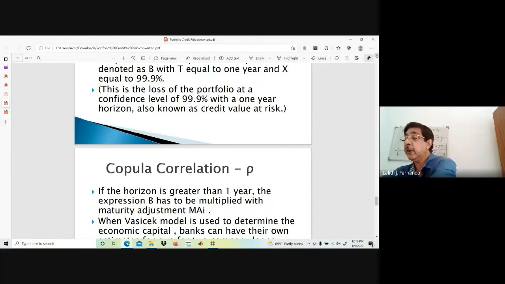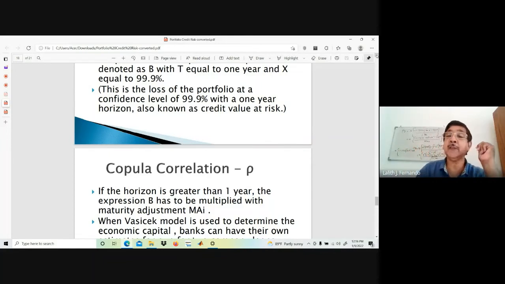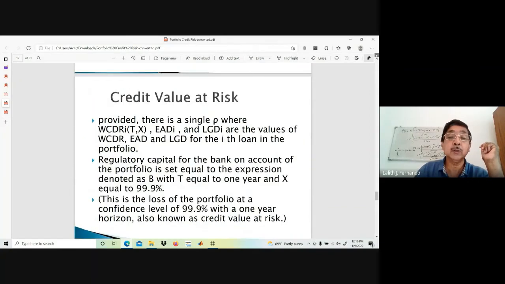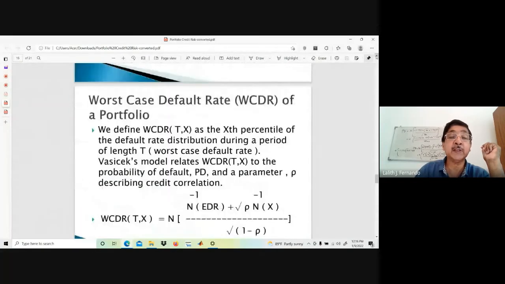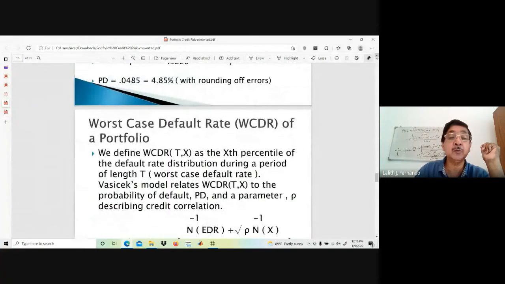Right. Now I want to give you another concept, which we call the worst case loss of a portfolio. And sometimes we call it value at risk. Worst case risk is also given as value at risk.